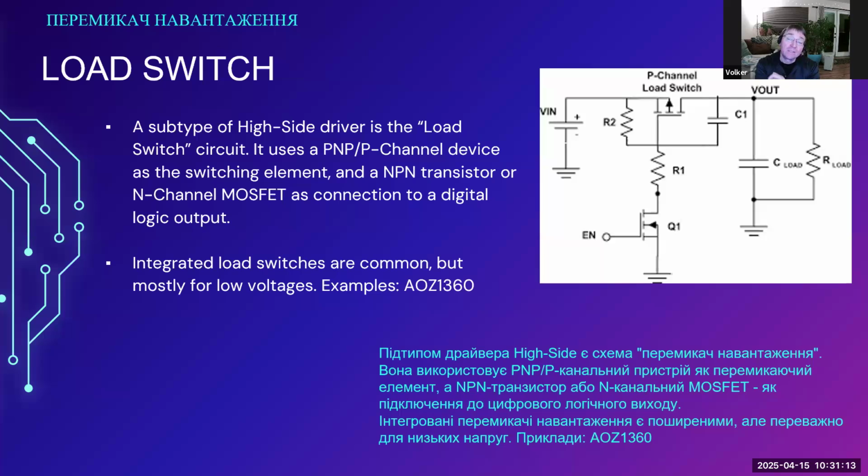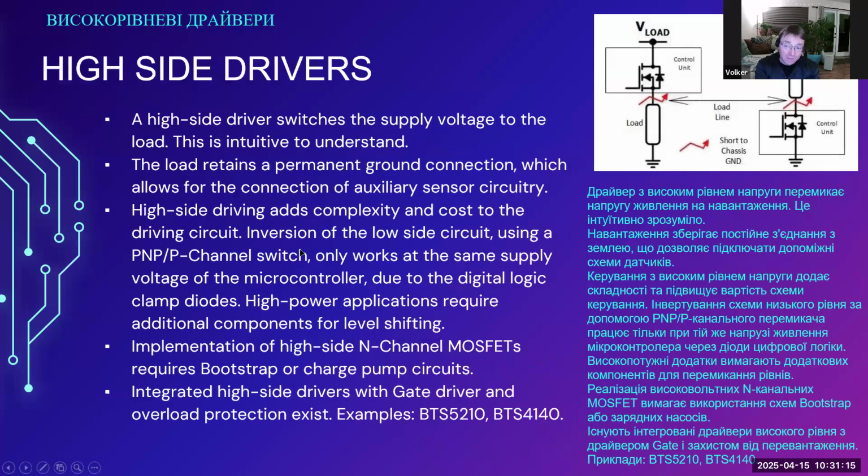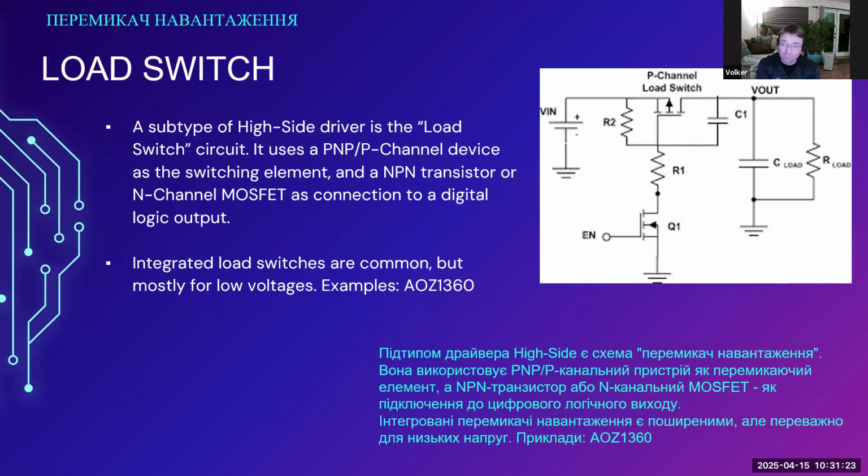You are pulling the MOSFET off. Oh, the slide just switched. Thank you. You're pulling the MOSFET off through R2, and that is slow. So here again, we have asymmetric behavior.